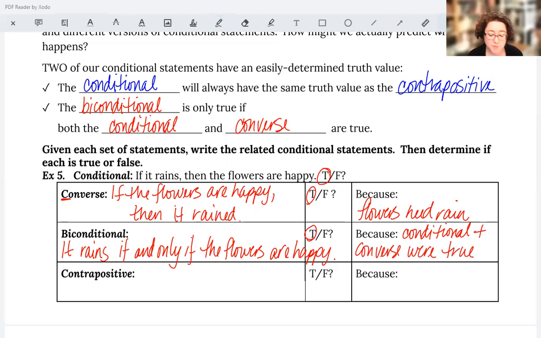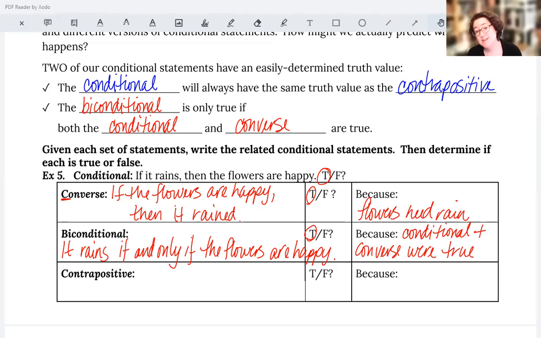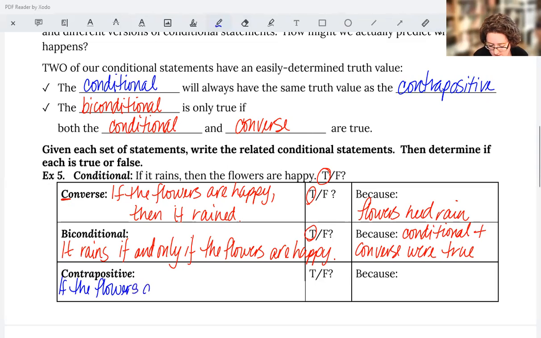All right, let's write the contrapositive now. I'm going to switch my color to blue so it matches up. Okay, so our rule said that the conditional and the contrapositive will always have the same truth value. So let's write our contrapositive. So original was if it rains then the flowers are happy. Contrapositive, switch and flip. So if the flowers aren't happy, then it didn't rain.